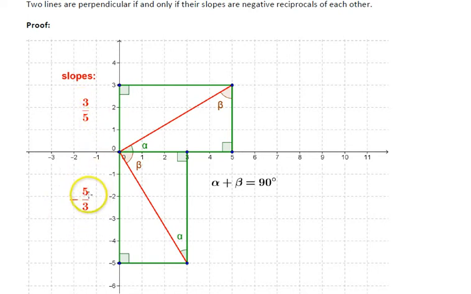This one is a negative reciprocal of that one, and vice versa. And there's nothing special about 3 and 5. For any 2 numbers, you can use the same visual proof to see why it is that perpendicular lines, their slopes have this negative reciprocal relationship.